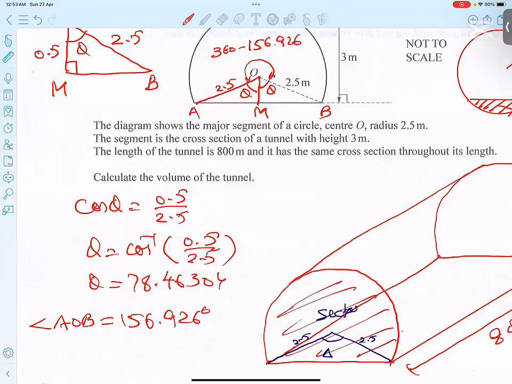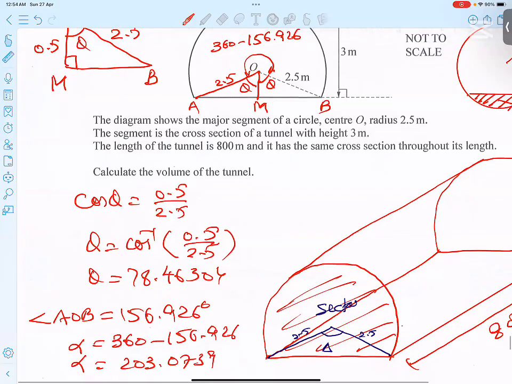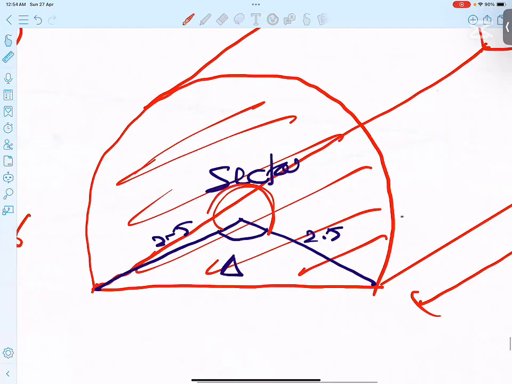When I subtract, I get the other angle, which I name alpha. That is 360 minus 156.926. Alpha is 203.0739. So this angle I got.